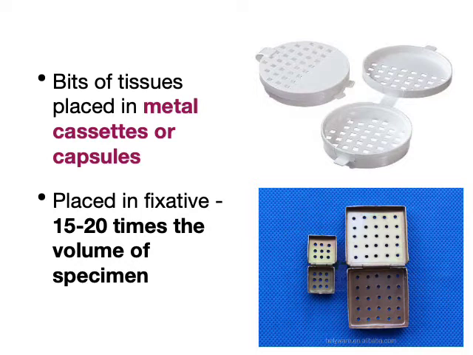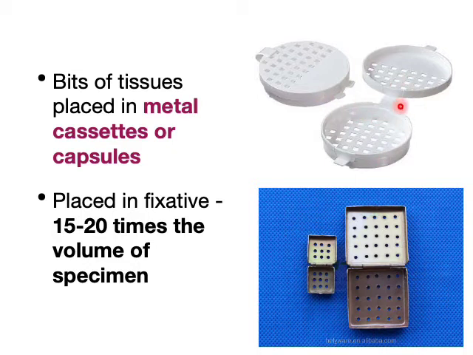Later, these bits of tissue are placed in metal cassettes or capsules. These are the metal cassettes, and these are the tissue capsules. The bits of tissue will be placed in these metal cassettes, which are then placed in the fixative.